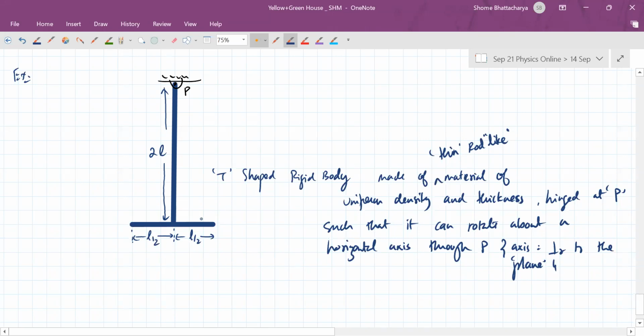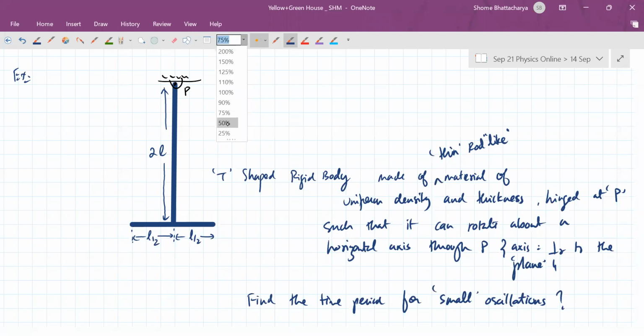So it's rotating like this. So we have to find the time period for small oscillations. What we mean by small oscillations is small angular displacement oscillations.